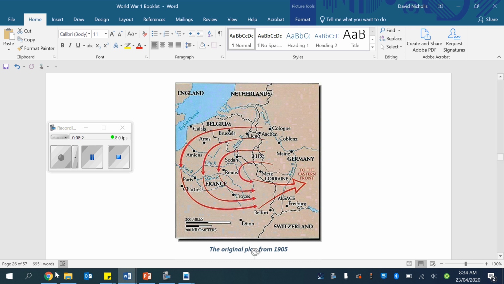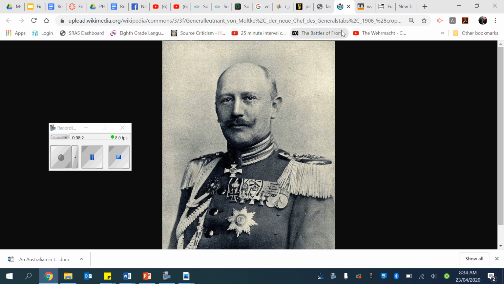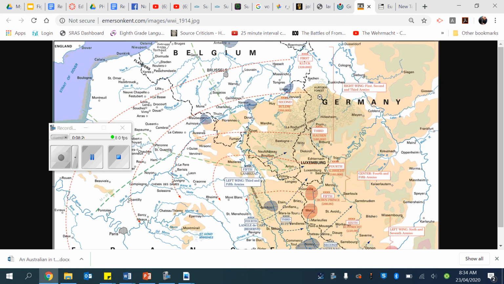In so doing, he reduces the amount of troops on this right wing here, this first and second army. He takes troops away from that main thrust and puts them into the center here.